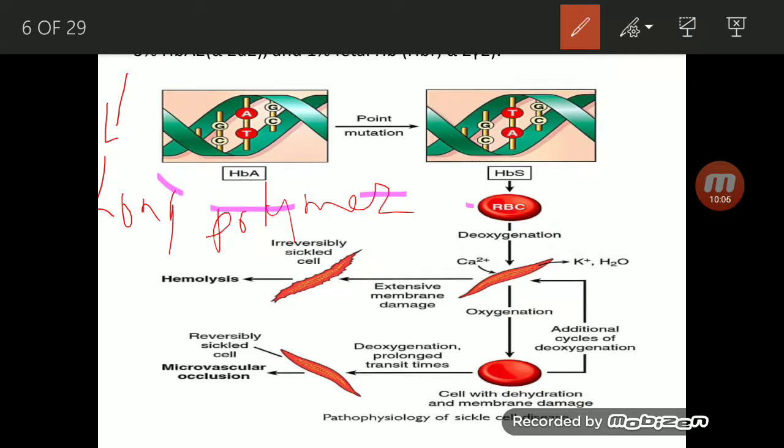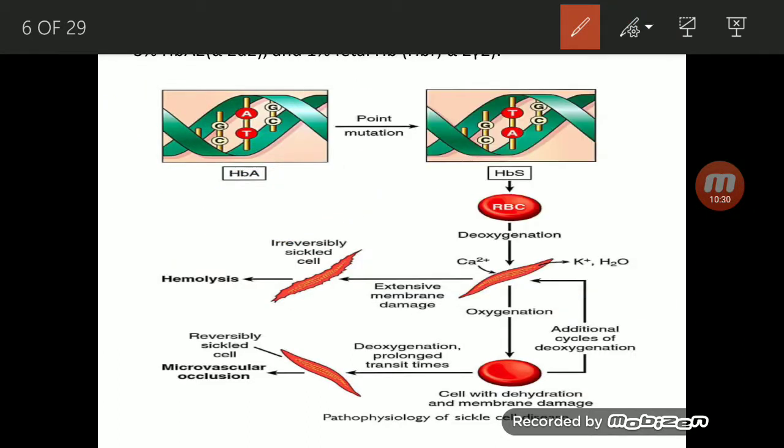Your RBC has deoxygenated hemoglobin. Due to deoxygenation, your HbS forms long polymers, which are semi-solid gels in nature, and then they interact and stick to one another, and they change the structure of your RBC.